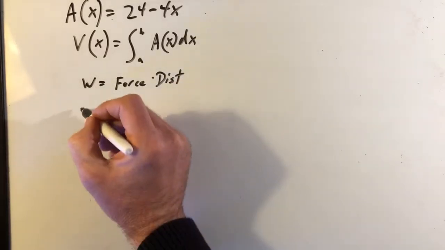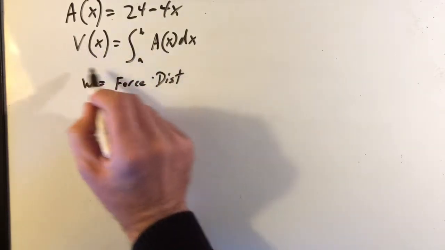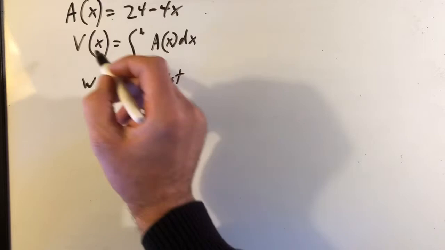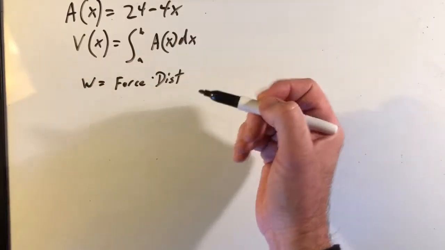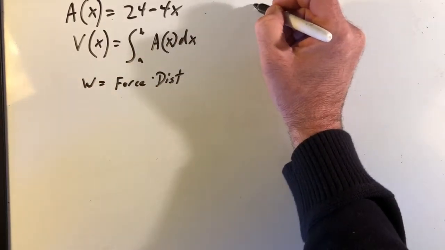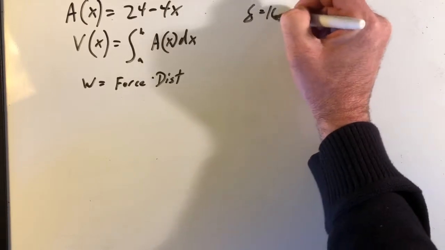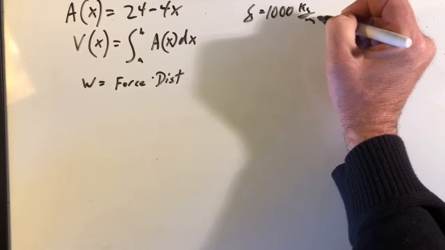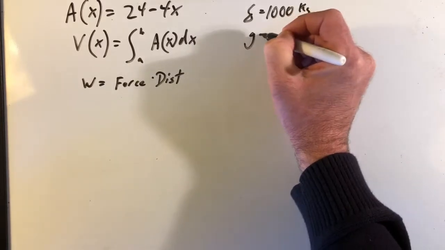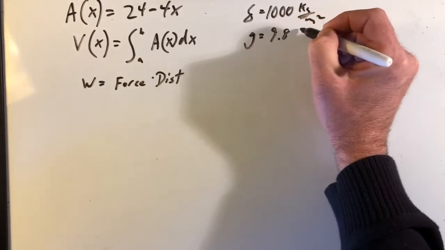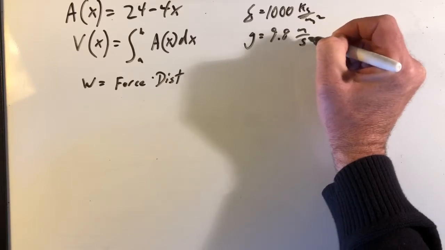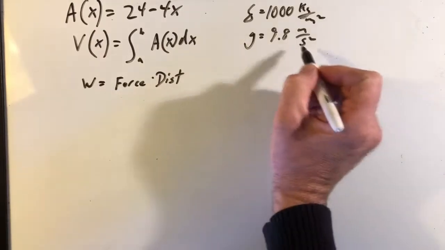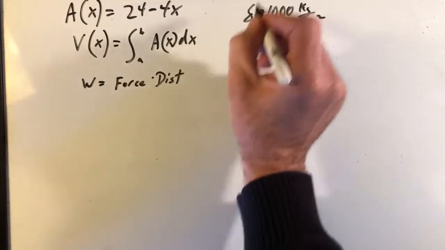Which means we have to convert this volume into a force, which is taking that volume times the density of water, which is 1,000 kilograms per meter cubed, and then gravity is 9.8 meters per second squared, and multiplying those together times the area.